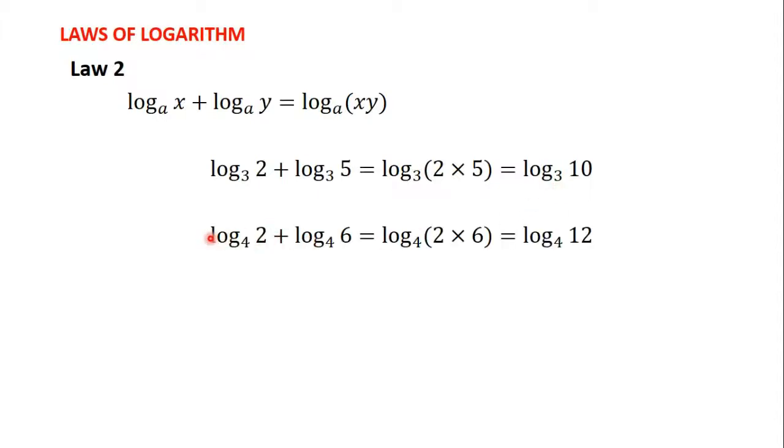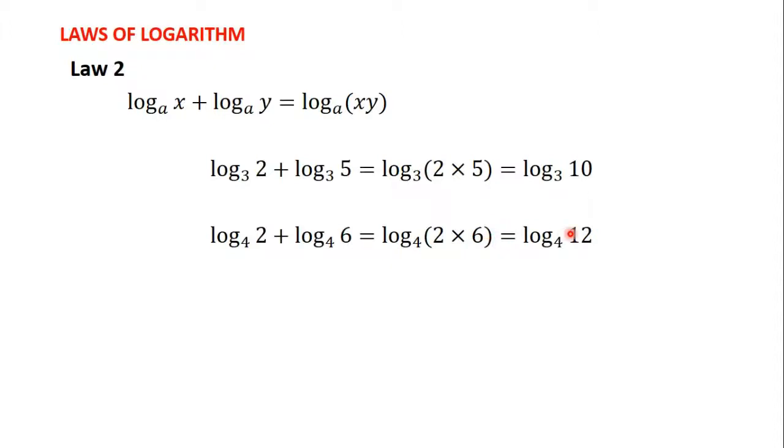If you have log 2 base 4 plus log 6 base 4, because the logarithm bases are the same, you write log to the base 4, then you multiply the logarithm numbers. So 2 times 6, then the base 4. So you have log 2 times 6 base 4, which will give us log 12 base 4, because 2 times 6 is 12.